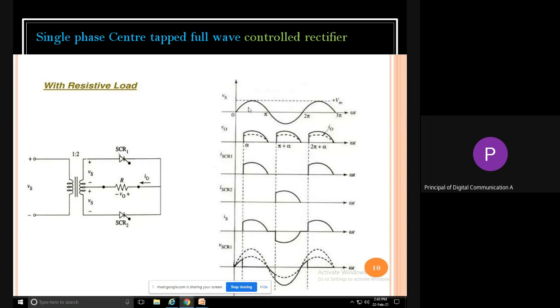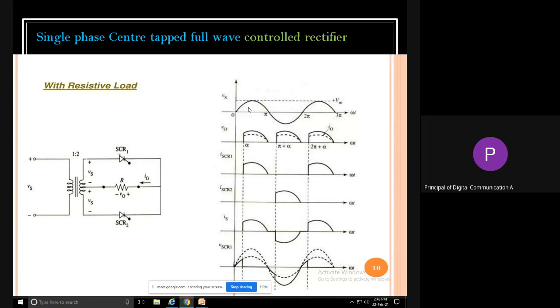Two SCRs are being used, and the basic property of any SCR is that it should be in forward bias, plus the gate trigger has to be given, so that the SCR turns on. Accordingly, you are supposed to check the waveforms shown beside the diagram.